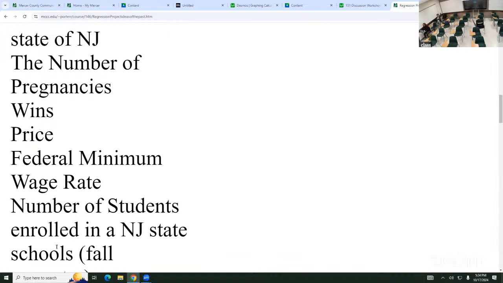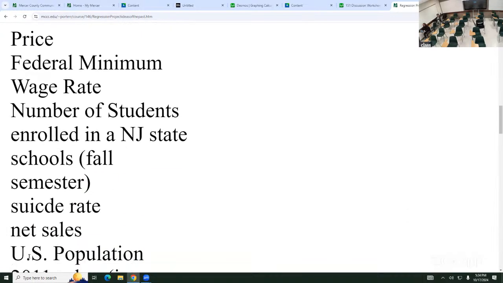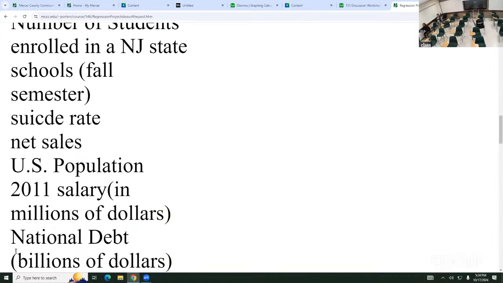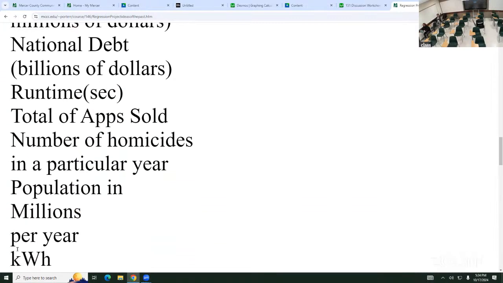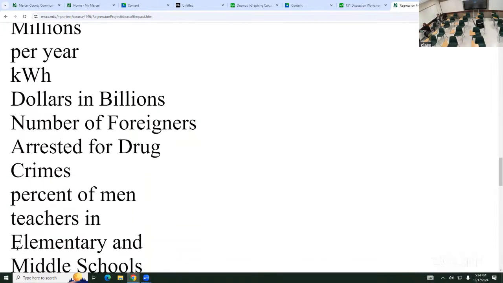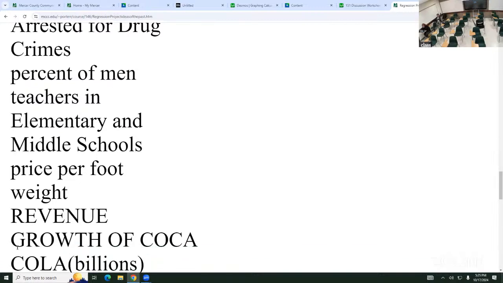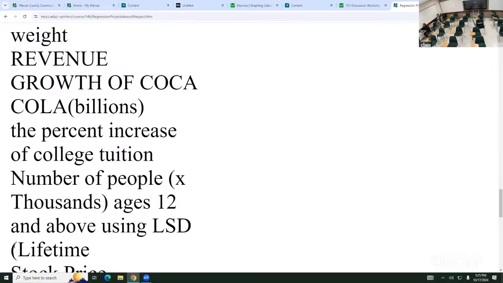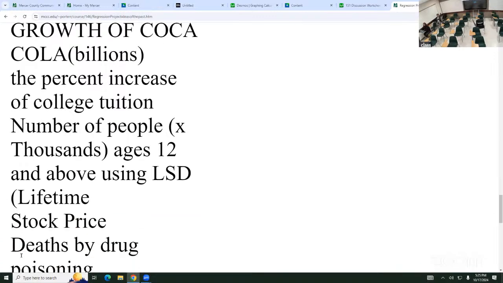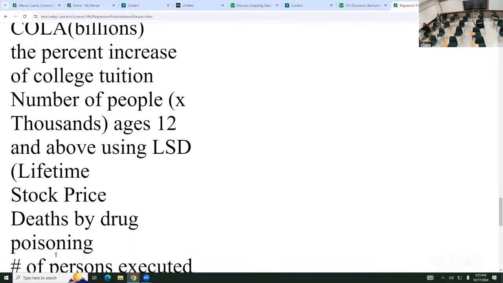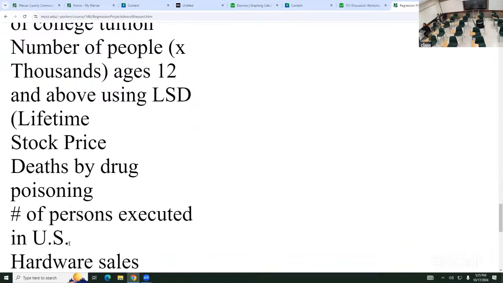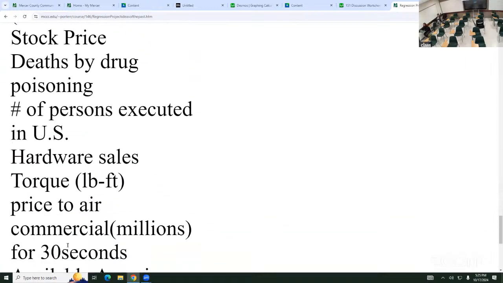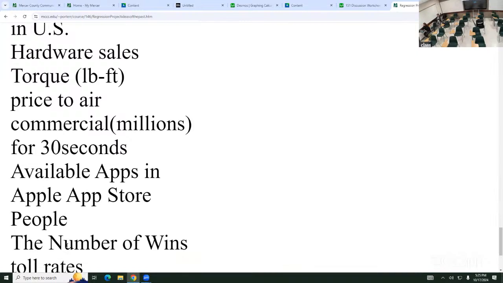But you can pick other things besides pregnancies and federal minimum wage. These are kind of boring. Honestly, these topics are kind of boring. Not that I look at them. Teachers in middle school, the growth of Coca-Cola, tuition growth over time, deaths by poisoning, hardware sales.